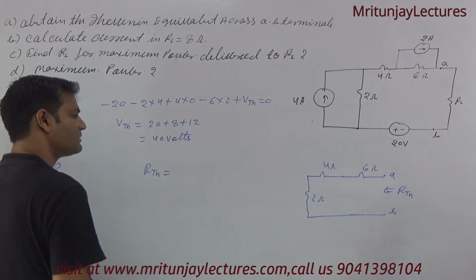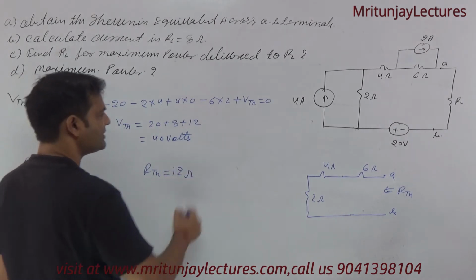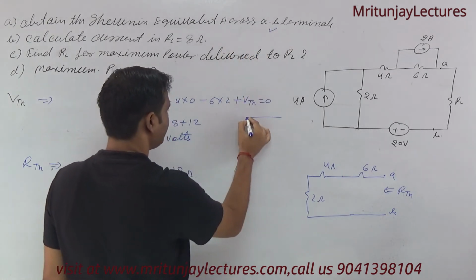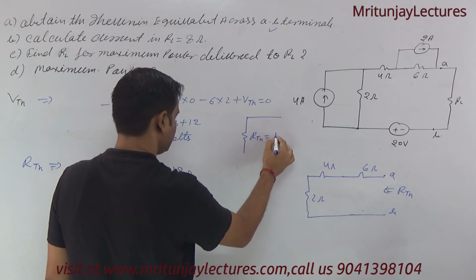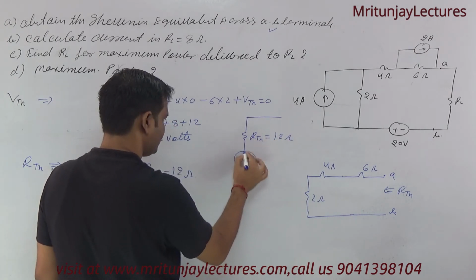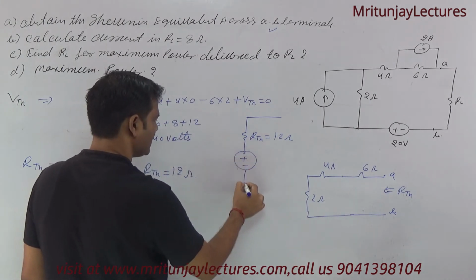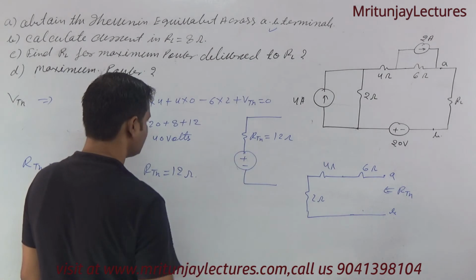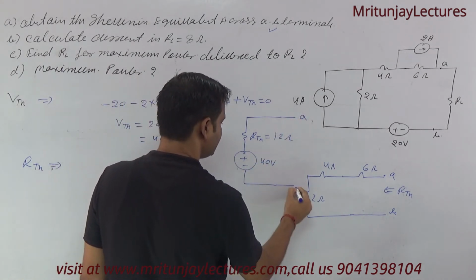So 4 plus 6, 10, plus 2, 12. So the final representation corresponding to this one, V of AB, is RTH, that is 12 ohm, and VTH, this is positive, that's why I represent it like this one. Otherwise, if negative, then the upper plate is negative and the lower plate is positive, that is 40 volt. Okay, that is A and that is B.